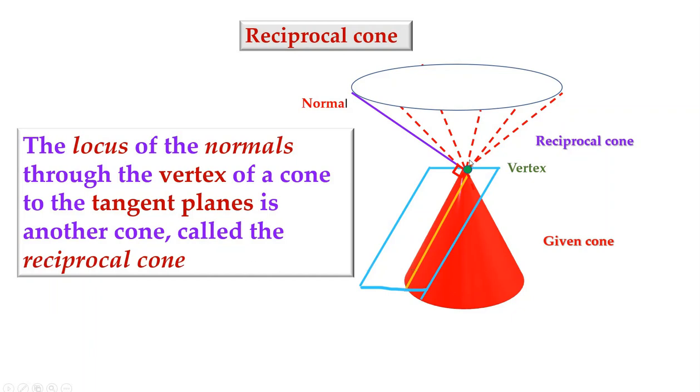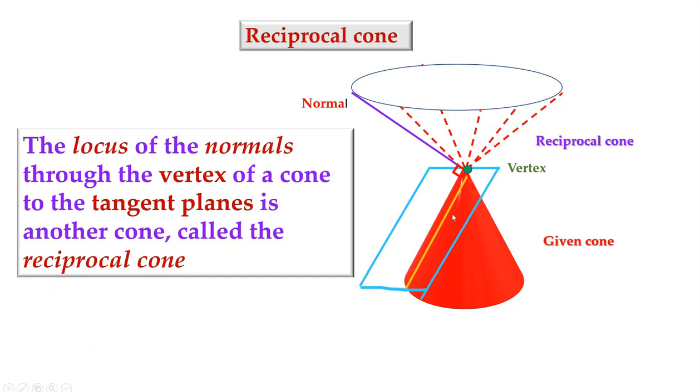See, we have a cone. Let this be the given cone, and you consider a plane which of course passes through the origin, and let this be the generator which is common to the cone as well as to the plane.